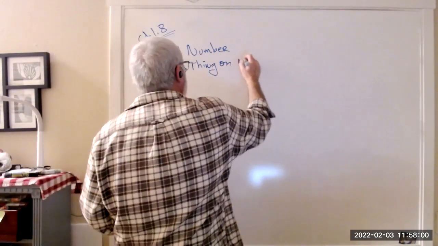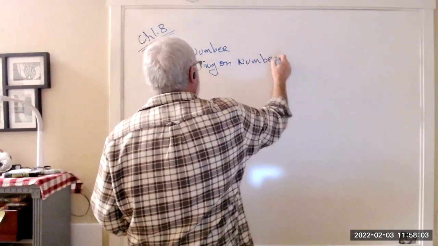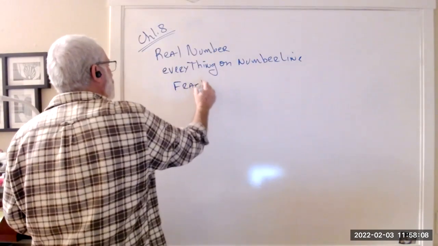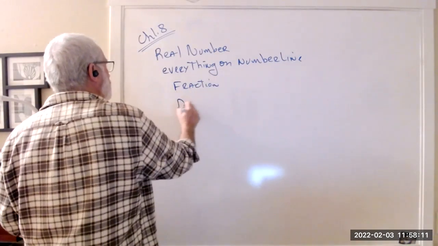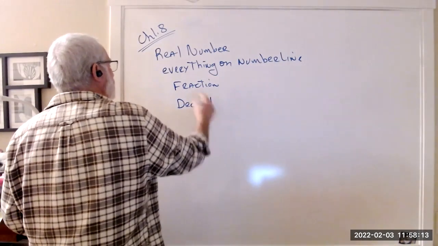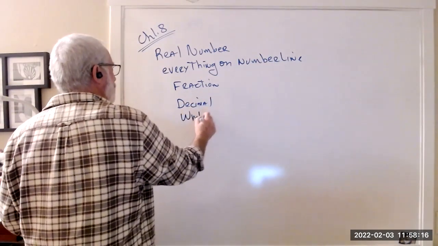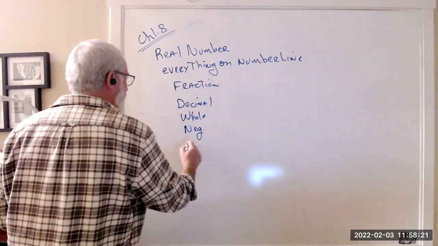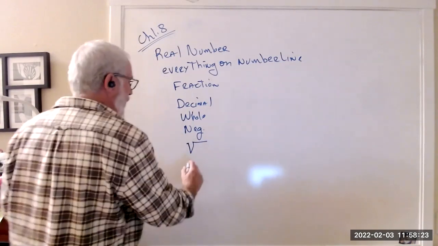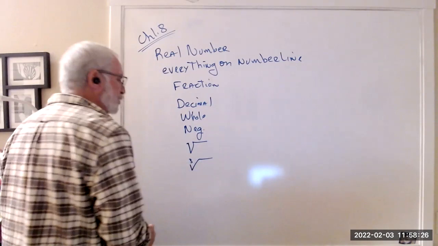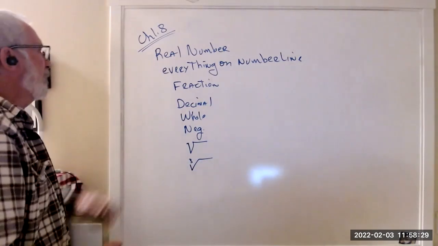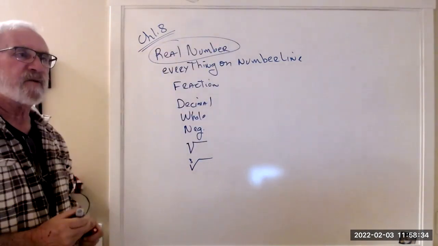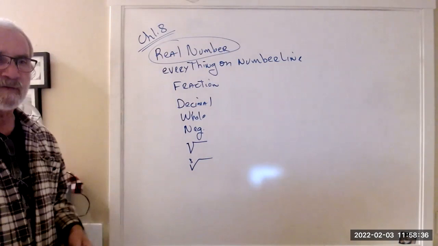It's all the fractions, all the decimals, all the whole numbers, all the negative numbers, anything you can think of, including all the square roots and cube roots and all the other things. Real numbers is our term for every number you can conceive of.